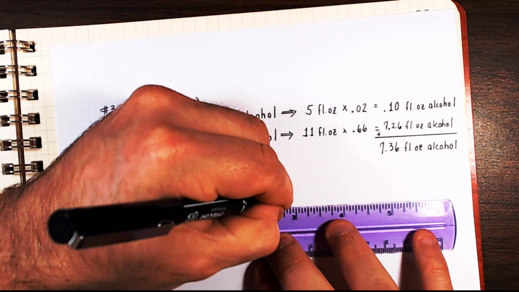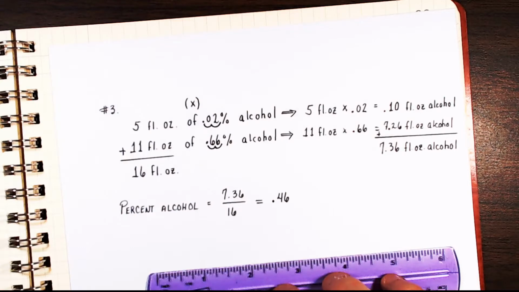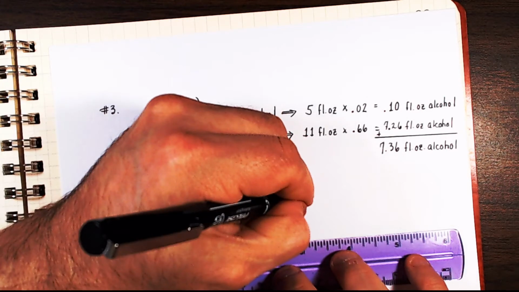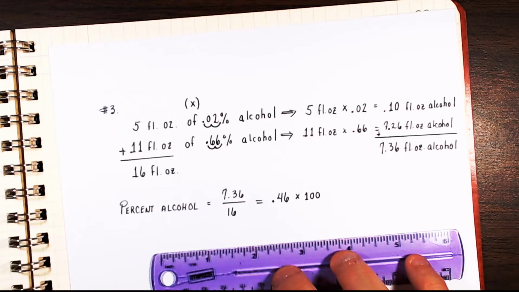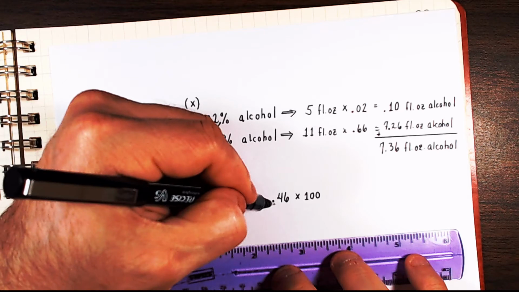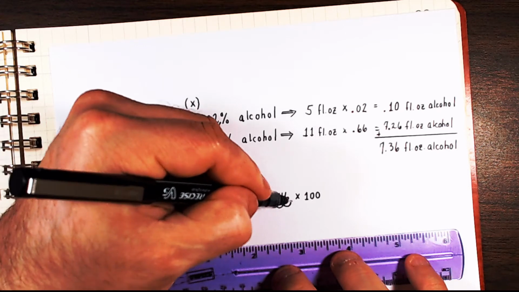0.46, and then I need to turn this into a percent. So I can either multiply by 100 or, and this is a little bit more handy, just move the decimal over 2 places.